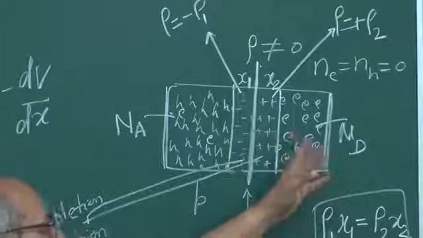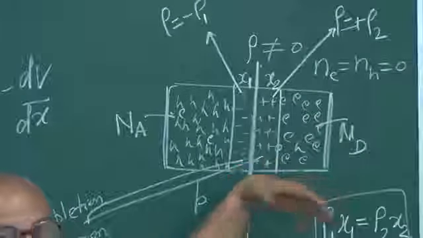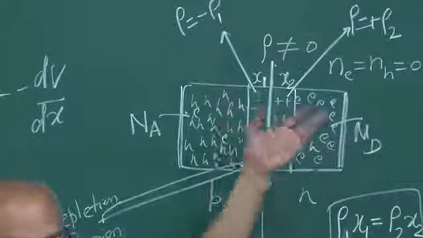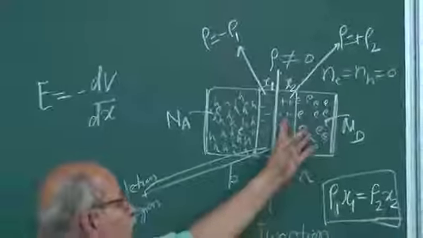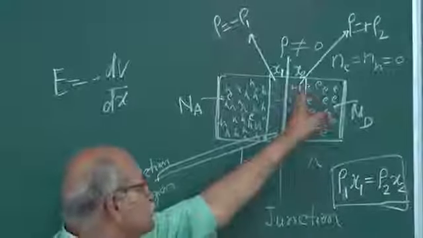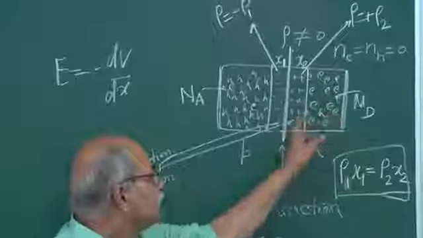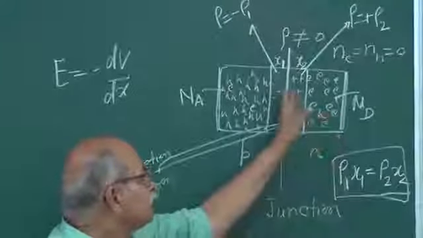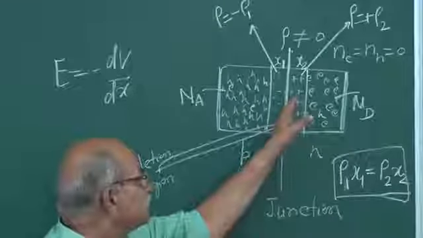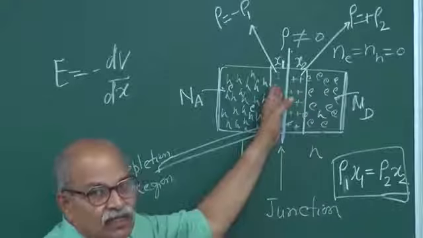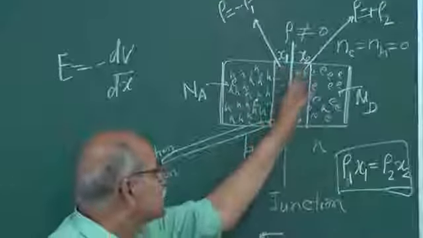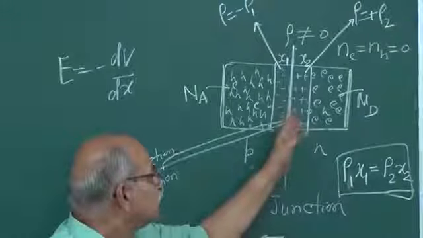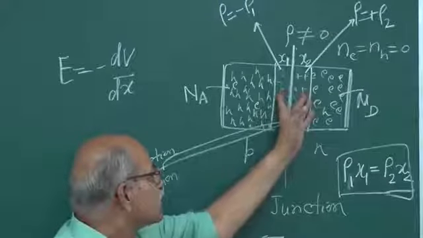Similarly, on this side you have donor ions, which come with 5 electrons in the outer orbit, so free charge carriers are there. But when these conduction electrons move out, those positive ions will be there and you will have this positive charge here.